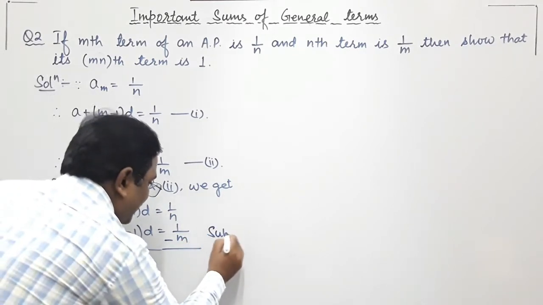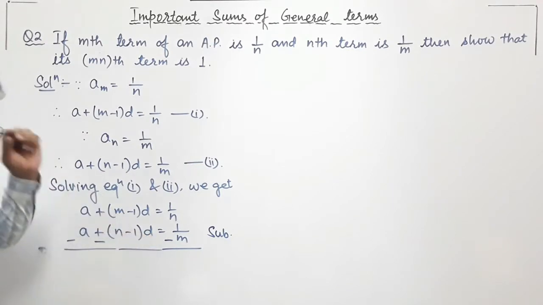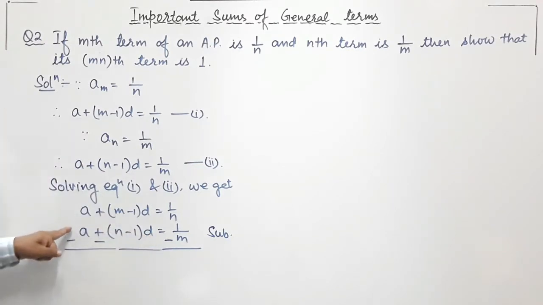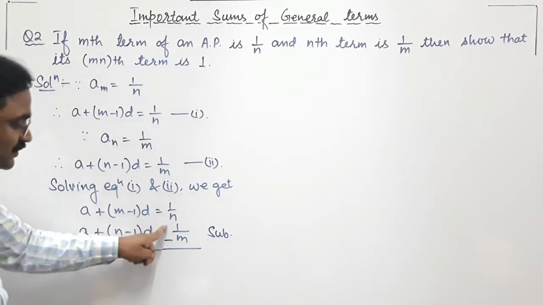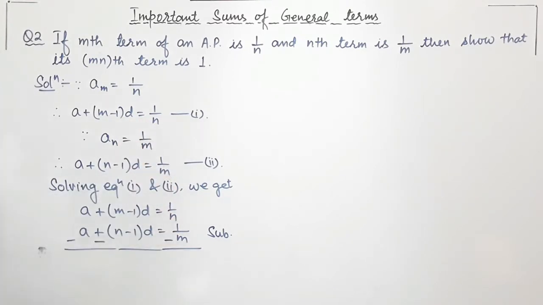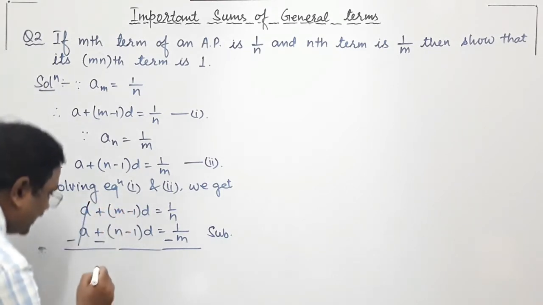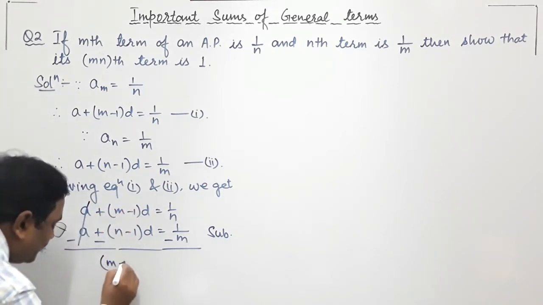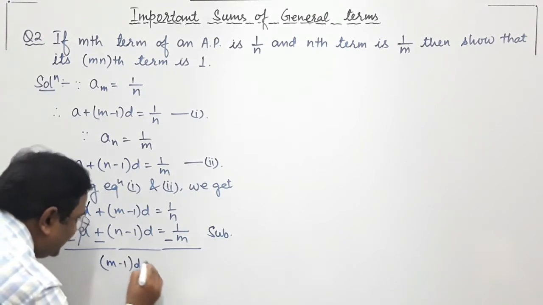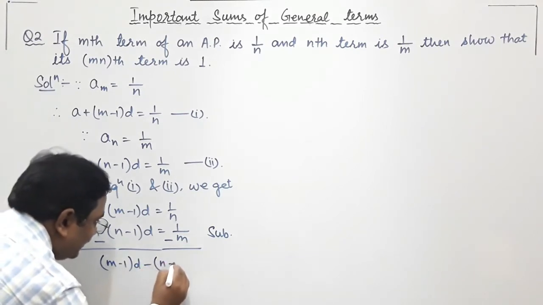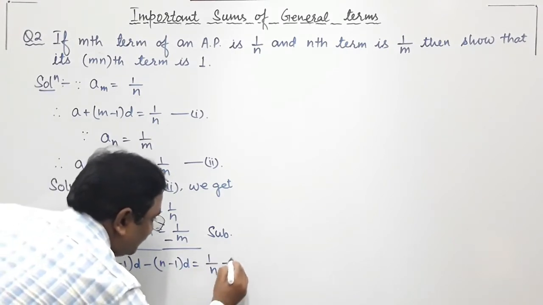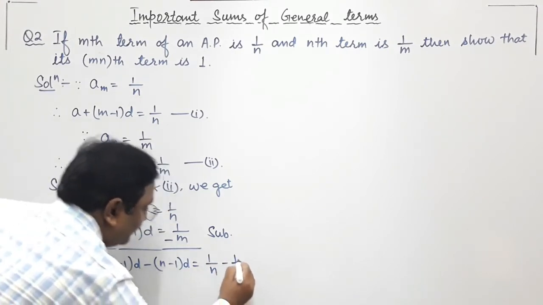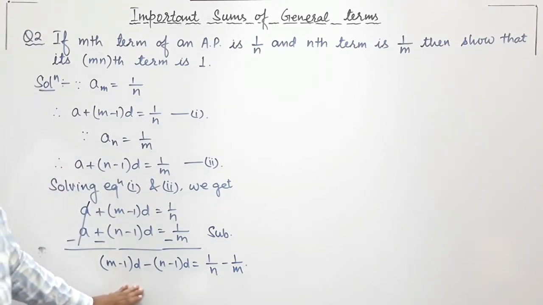In the case of subtraction, the sign of the lower equation will be changed. It was positive, becomes negative. This was also plus, becomes minus. Now when you subtract, this a will be cancelled. What you got: m minus 1 into d minus n minus 1 into d equals 1 upon n minus 1 upon m. So we have to solve this equation.